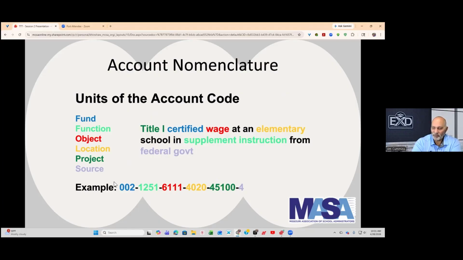And as I was alluding to, it helps you quickly identify something just by looking at the account code. I can look at this account code and tell that it's a Title I certified wage at an elementary building for supplemental instruction, and it was paid from the federal government.